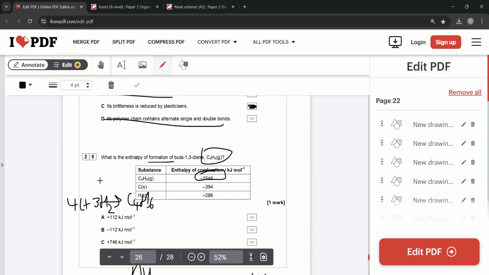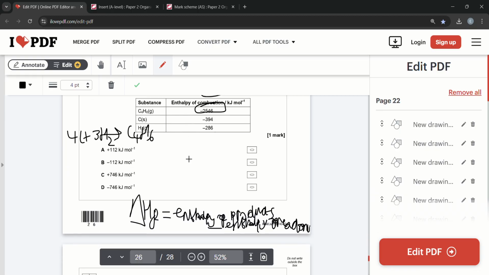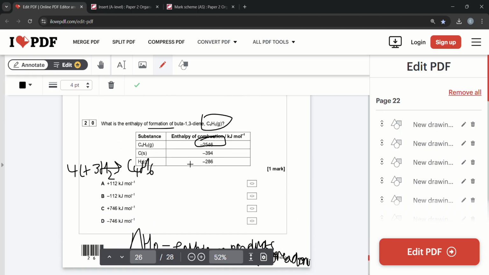Well, it's going to be 4 times minus 394, plus 3 times minus 286. Let me do it again. So we've got enthalpy of products minus reactants.